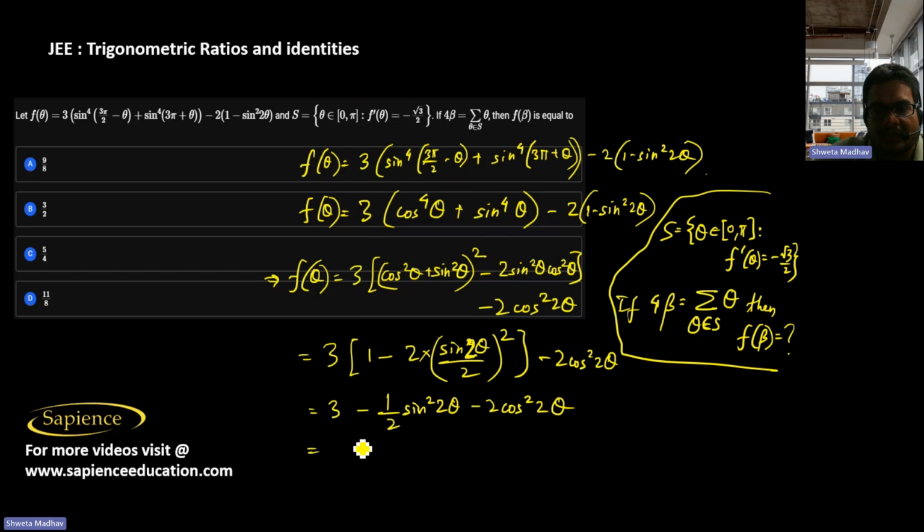Now this will be 3 minus half sine square 2 theta minus half cos square 2 theta, then minus 2 minus half, that is 3 by 2 cos square 2 theta.